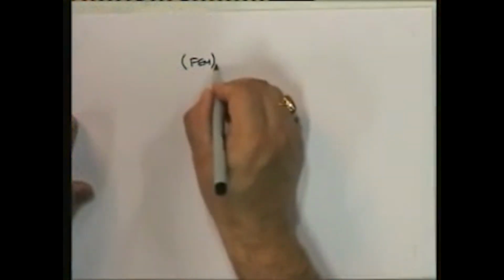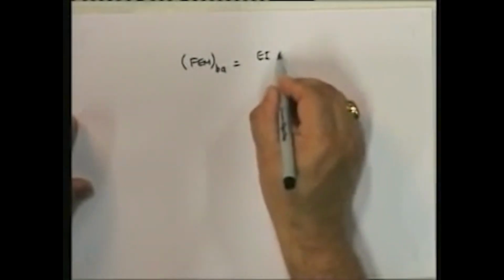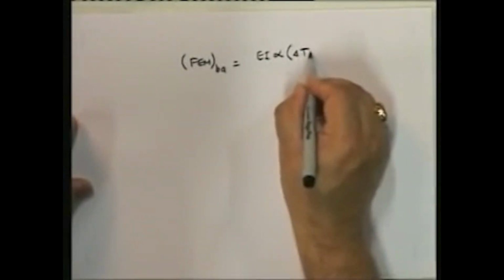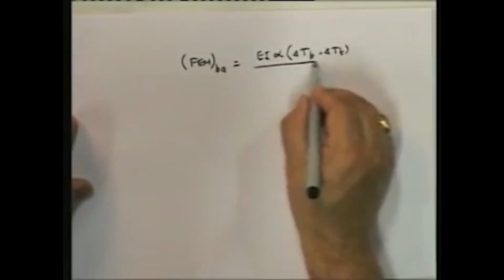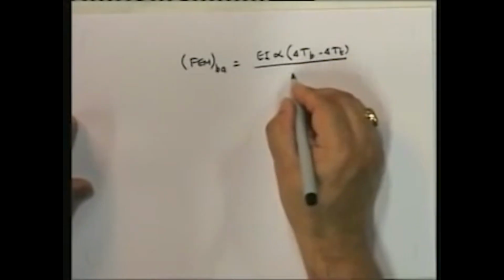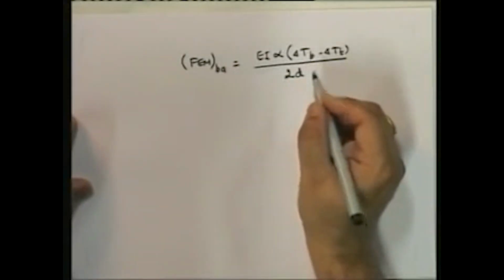and similarly you can actually get that the fixed end moment at BA is going to be equal to EI alpha delta T bottom minus delta T top upon 2d.